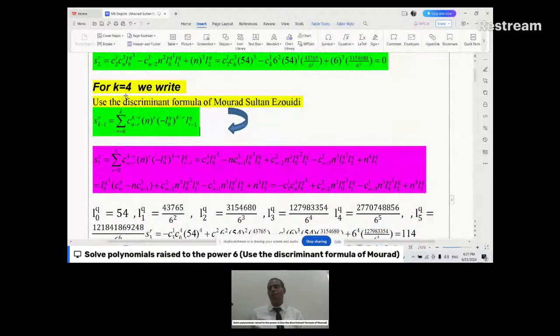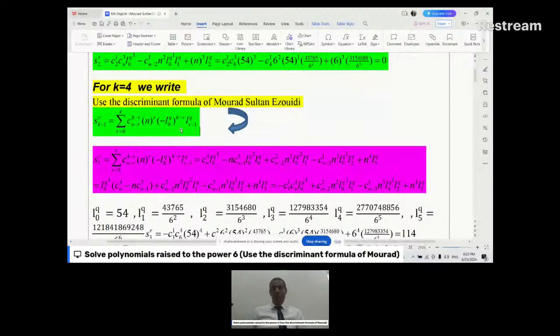If you replace k with 4, it will be S4 minus 1 of order R, means S3 of order R equals the sum from 0 to K, K is 4, so sum 0 to 4, combination N minus R choose K minus R. K is 4, so it will be 4 minus R. N raised to the power R. Minus L0 for the Q raised to the power K minus R, K is 4, times LR minus 1 for the Q. This we replace K with 4 to find the value of S3 of order R.